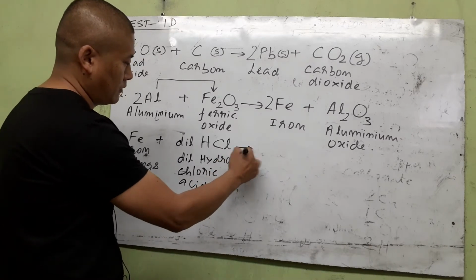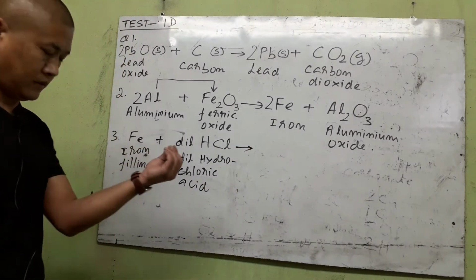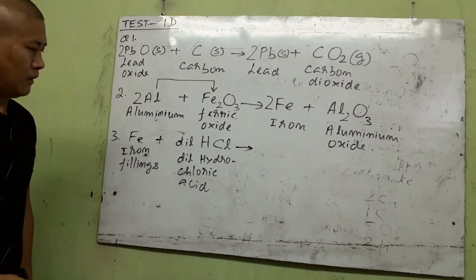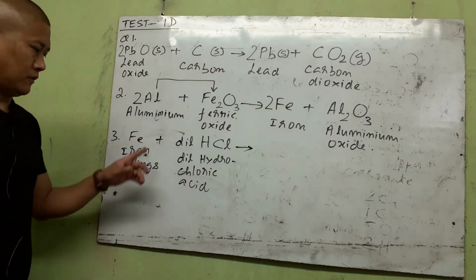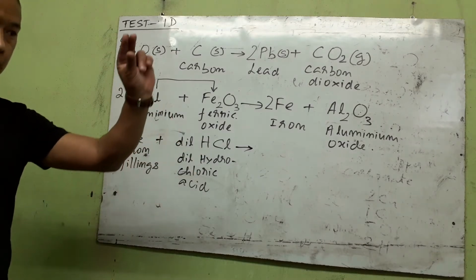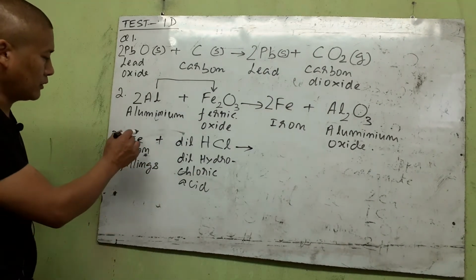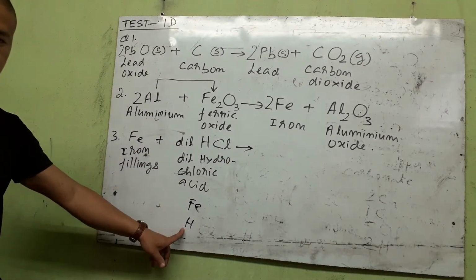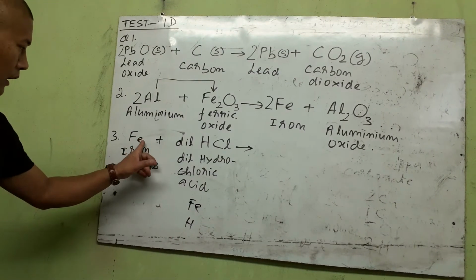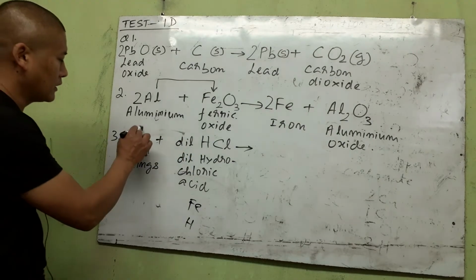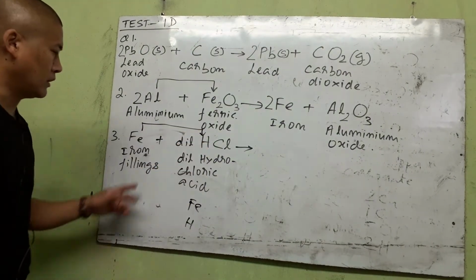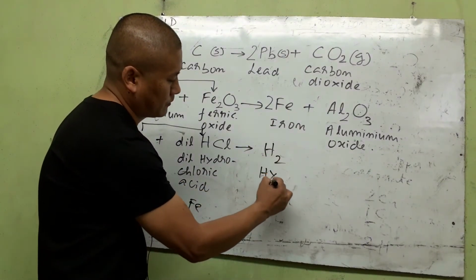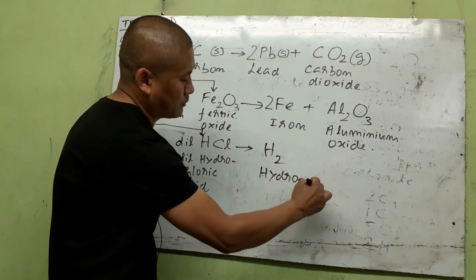So when you take iron filings in a test tube and pour the dilute hydrochloric acid, what happens is that, now open your textbook to page 47 again and see the activity series of metals and see whether Fe is above hydrogen or not. Fe is above H. Yes, that means iron is more reactive than hydrogen, so you can easily displace this one, and this H will come out as hydrogen gas, H2. You will see the gas bubbles coming out.